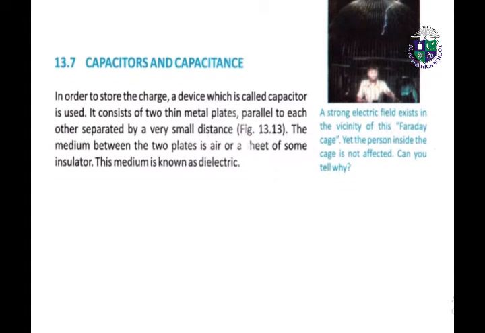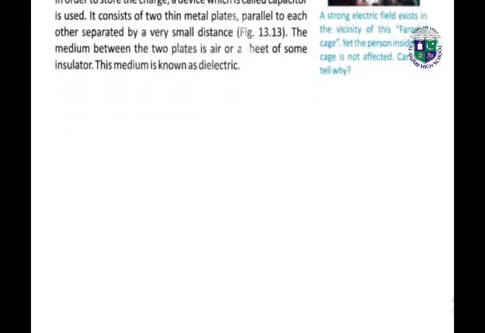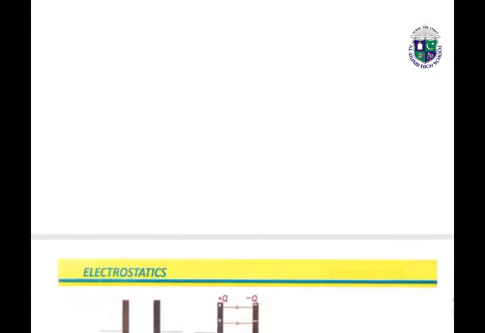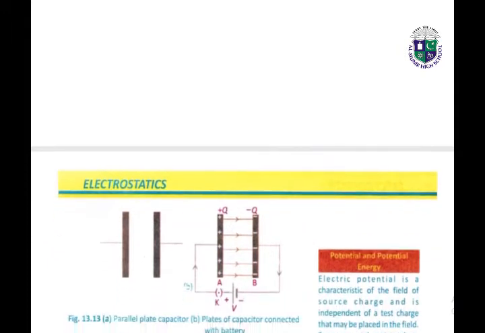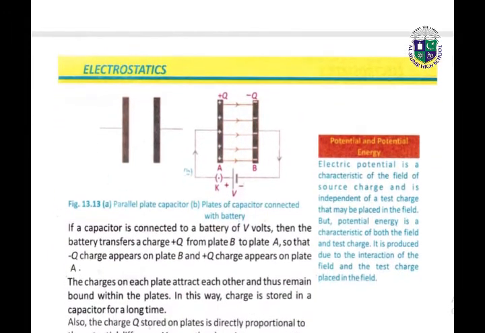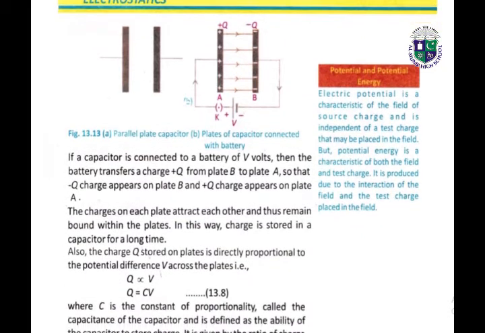So students, it is about the capacitors, their definition, and the device which we have designed to store the charges. So look here on the next page we have figure number 13.13, parallel plate capacitor, and B shows the plates of capacitors connected with a battery.